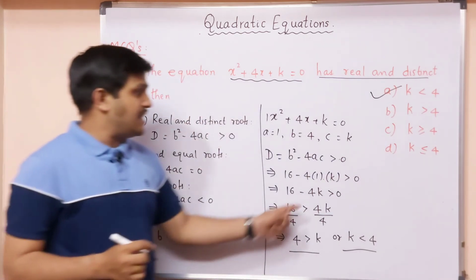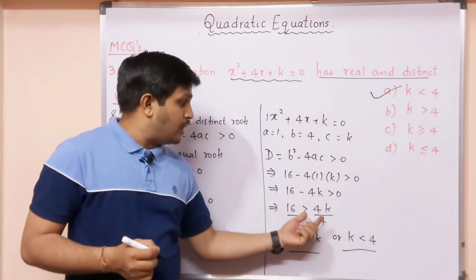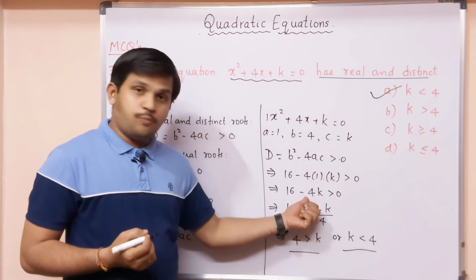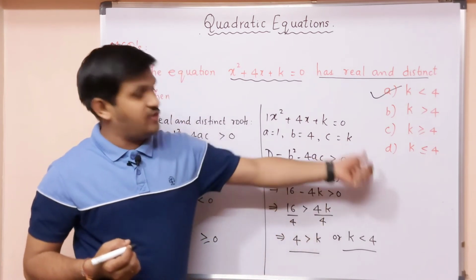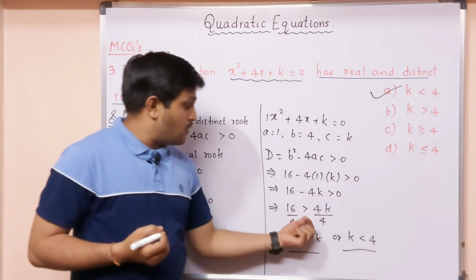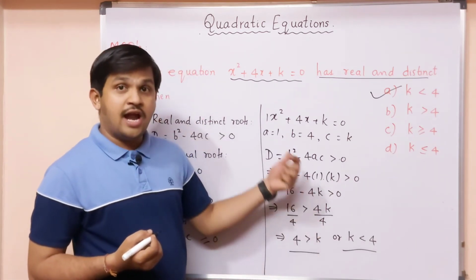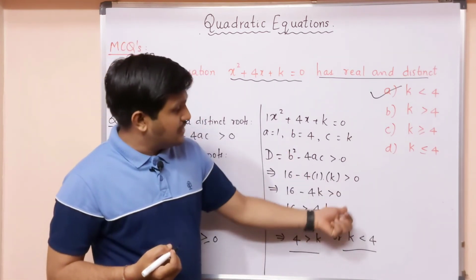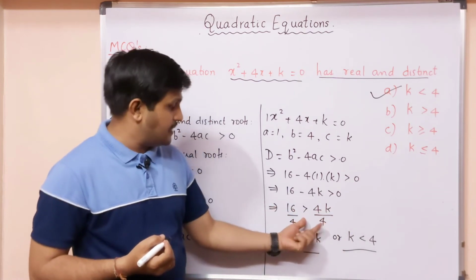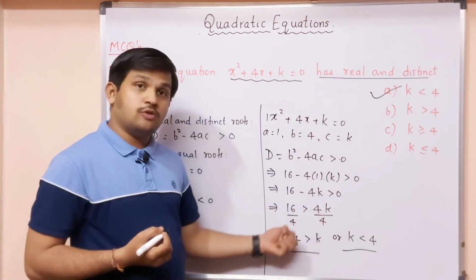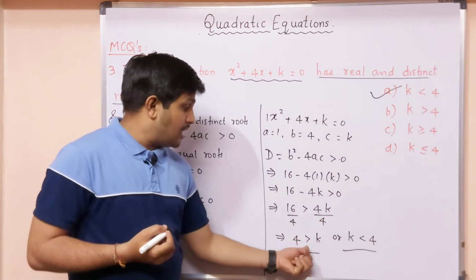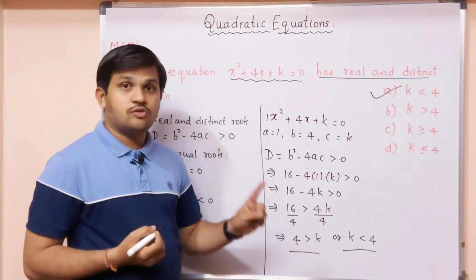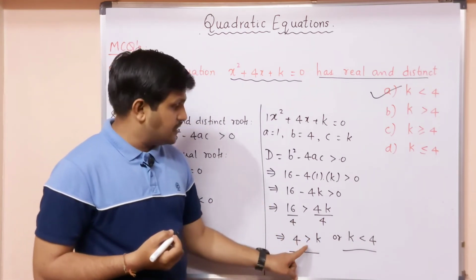So hope you understand. For the inequality symbol, you need to clearly observe. Minus 4k, you are shifting it to the right hand side. The inequality symbol will not change. If you add any number, the inequality symbol will not change, it remains as it is. And you are dividing by a positive number on both the sides, there also the inequality sign will not change. So that's the rule of inequalities.